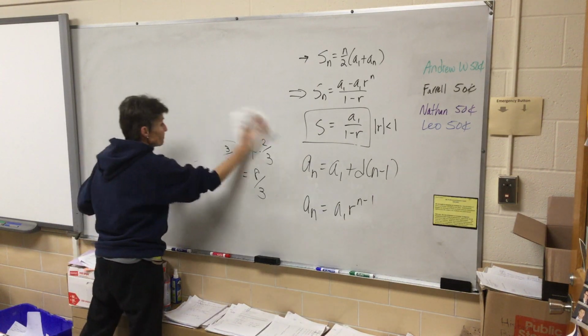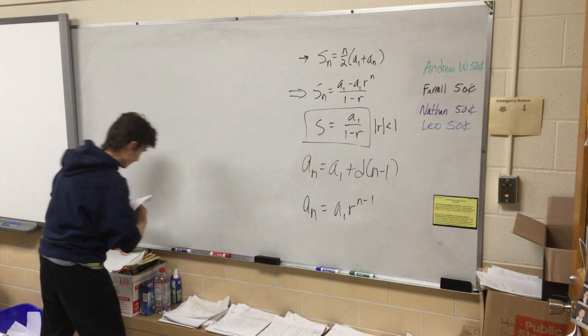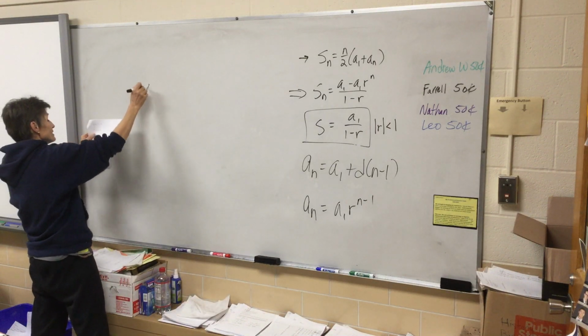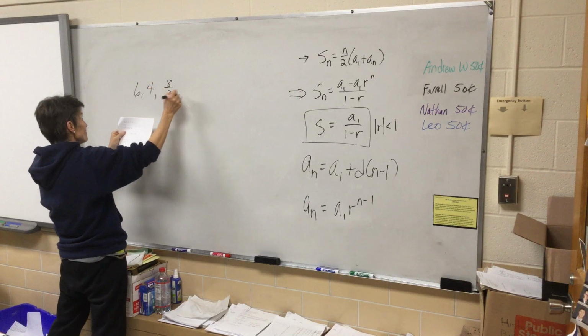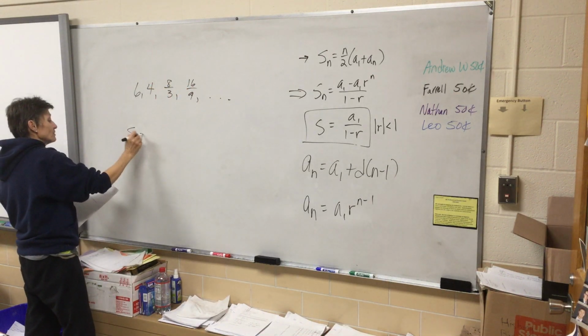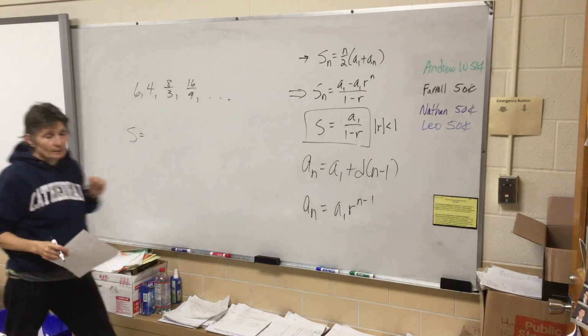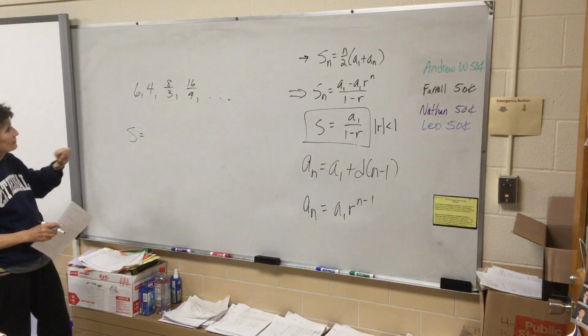Next one, doing the same thing. Is the sequence geometric? That's the first thing you have to decide. If you're going to sum an infinite series, you have to know that it's geometric, because this is the only way you can do it. So it has to be geometric.